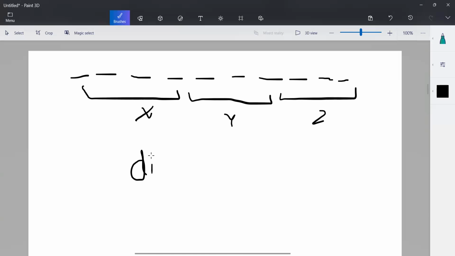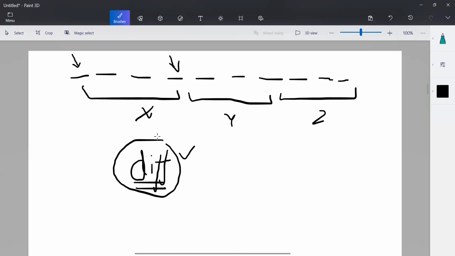If we initially decided this is our maximum difference for X and all of these values, Y and all of these values, and Z and all of these values, then since this element is in the first person's range, we can get the maximum element corresponding to the difference. After this element, we can no longer take the next element for X. So then this element will go to the second person, and for this also we'll get the maximum element we can take in our range. And after that, we can no longer take the next element for the second person.